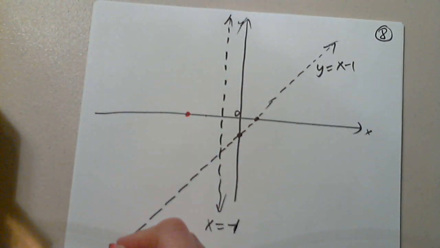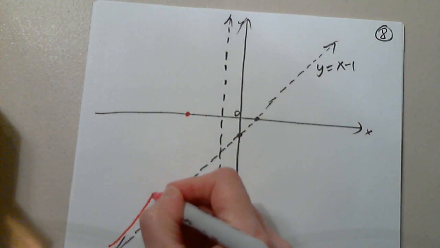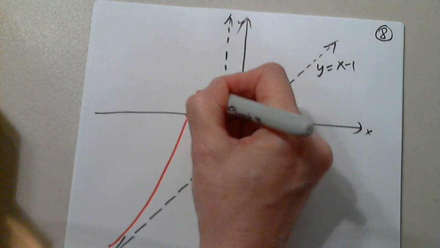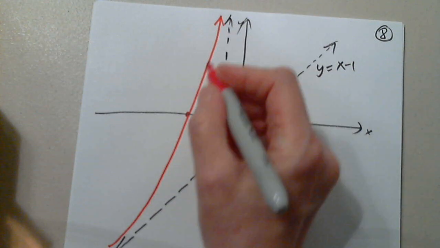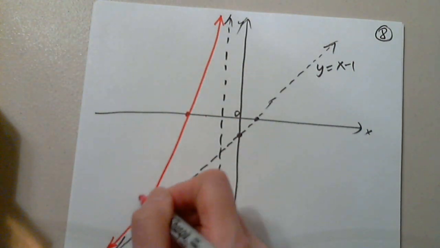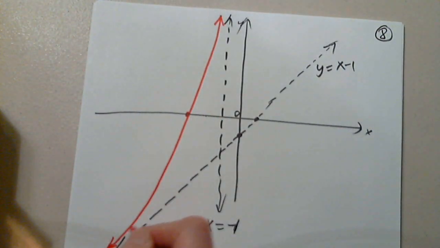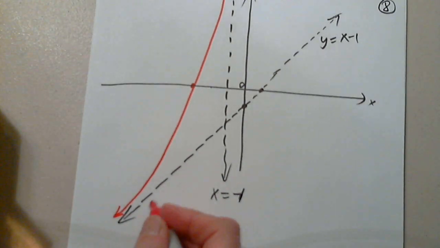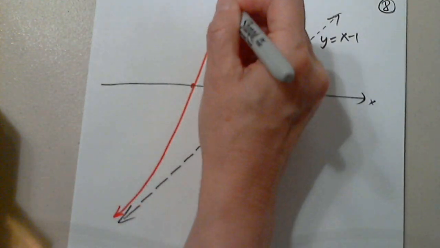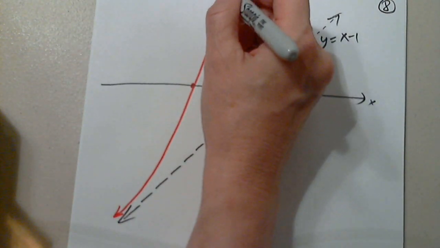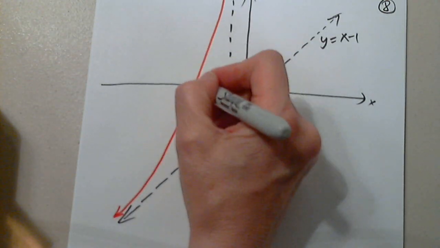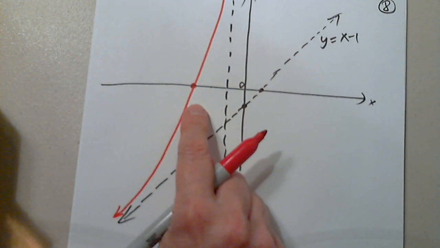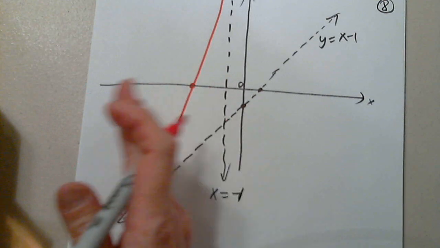Okay, fine. Opening up, coming from approaching the asymptote, going to approaching the asymptote, opening up, crossing it at -3, 0. This side of the asymptote is done.